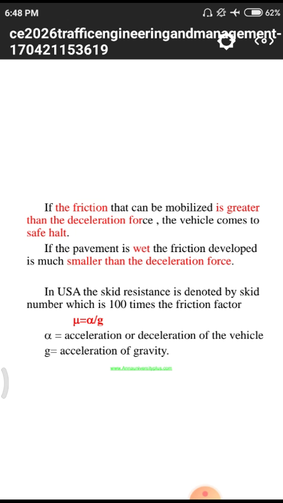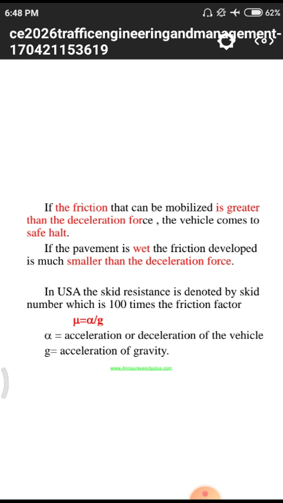Because due to rainfall and other drainage problems, we have to face some water on the roads, so we need to travel at less speed in wet conditions. Why? Because in wet areas there is less friction between the tire and the pavement, but in dry areas there may be a high amount of friction.